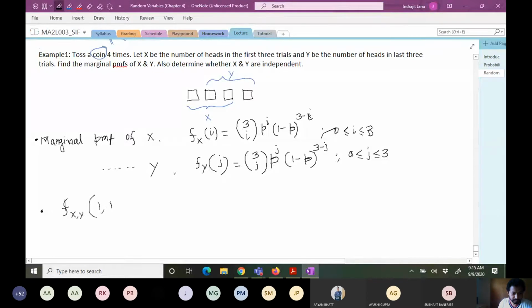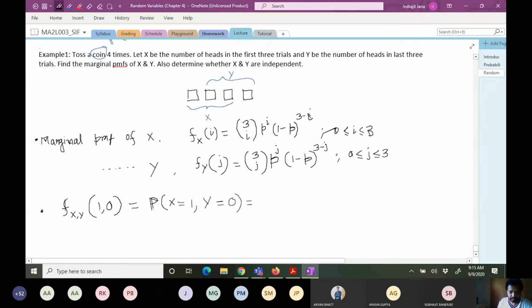Okay, which is simply the probability that x is equal to 1 and y is equal to 0.